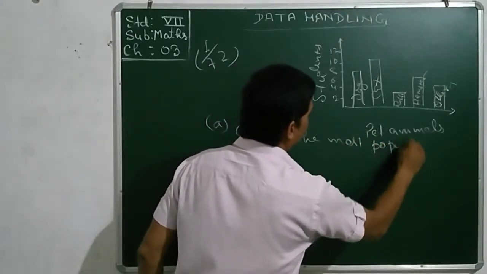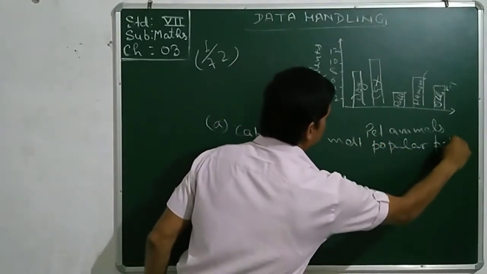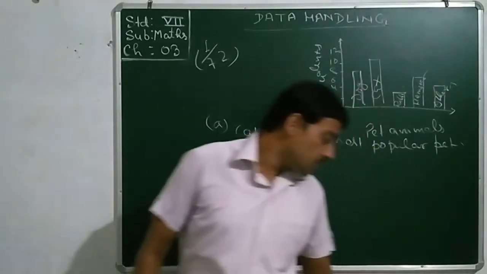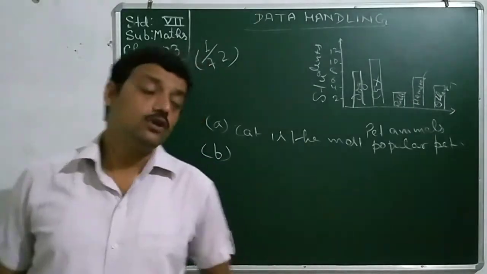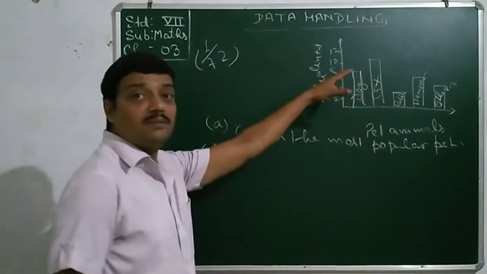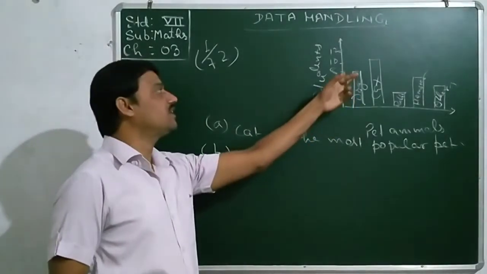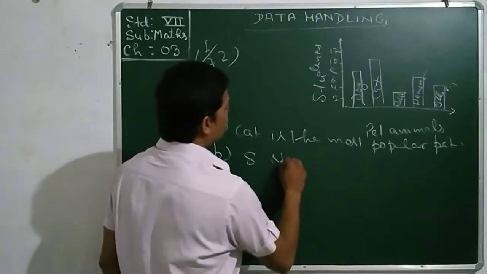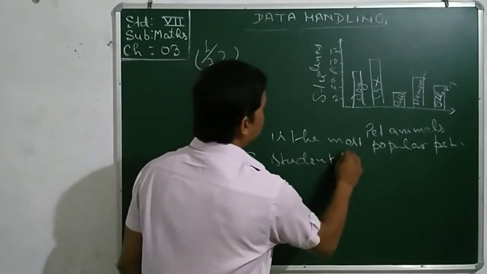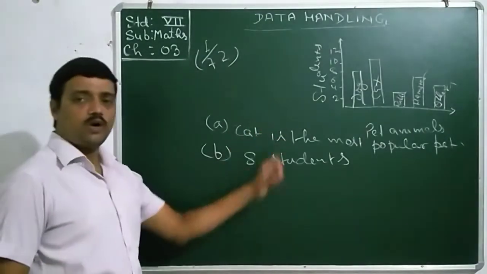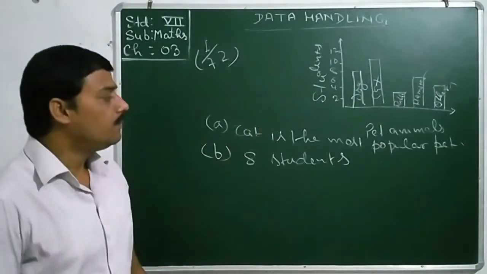Look at the second question: how many students have a dog as a pet? By looking at the graph, you can conclude that only 8 students have a dog, and the answer will be 8 students. In this way, you can conclude the various information given in a bar graph.